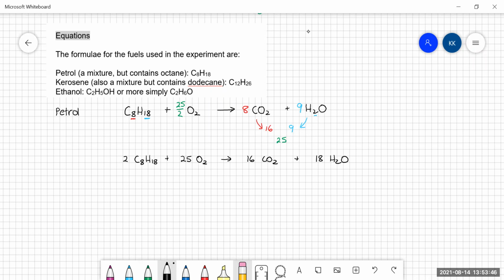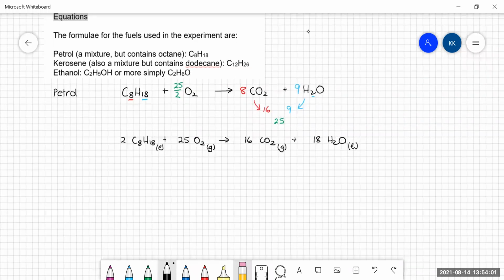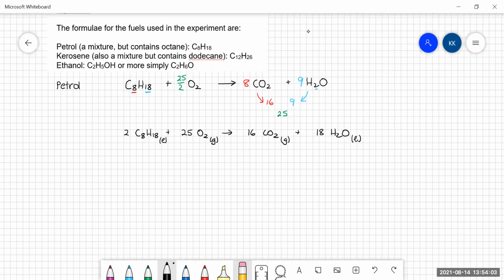Now we just tidy that up by putting the states in. So octane is a liquid, oxygen is a gas, carbon dioxide is a gas, and water is a liquid. And there's our balanced equation, that reaction. I want you to have a go at kerosene.